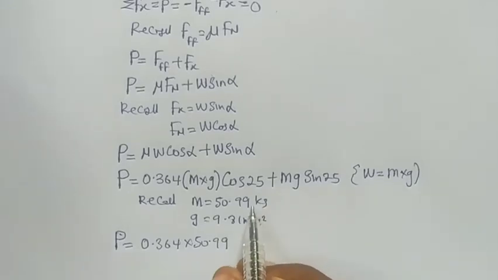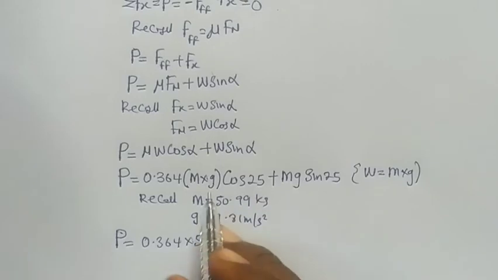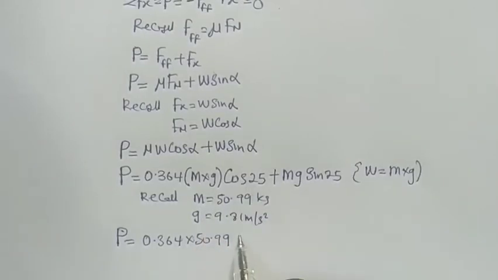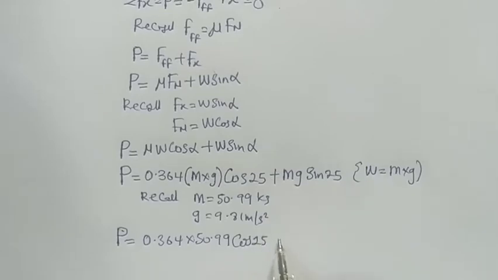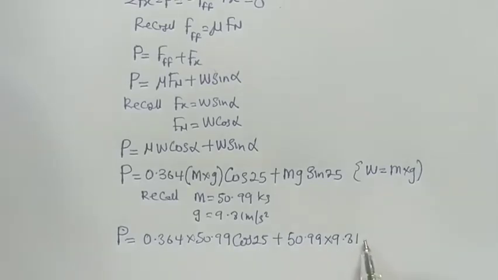Then since it's in kilogram, let us proceed. Now the gram will be 50.99 cos 25 plus 50.99 times 9.81 times sine 25.